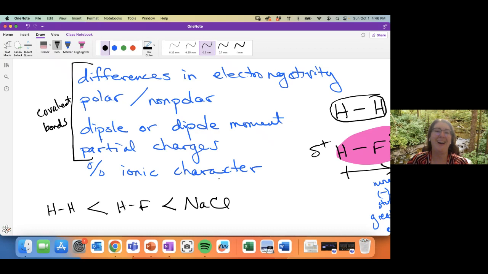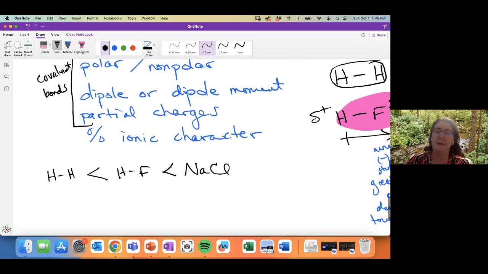And if we wanted to stick an ionic something on this scale, we need a term that would include an ionic bond, that would include whole charges, because everything else that we have is very specific to covalent bonds, is very specific to some kind of sharing. Ionic doesn't share at all. So if we wanted to put an ionic bond on this scale, we need something different.